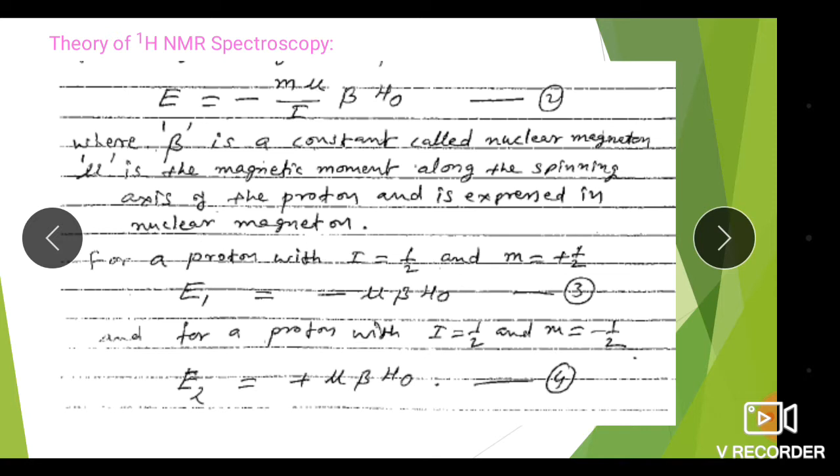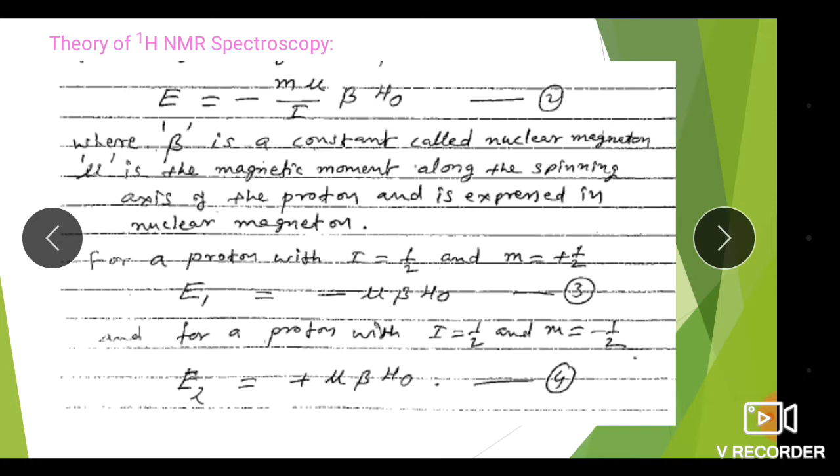So what is the magnetic moment? Mu along the spinning axis of the proton is expressed in the nuclear magneton, beta. For a proton with I is equal to half and m is equal to plus half, E1 is equal to minus mu beta H0, because I is equal to half and m is equal to plus half.